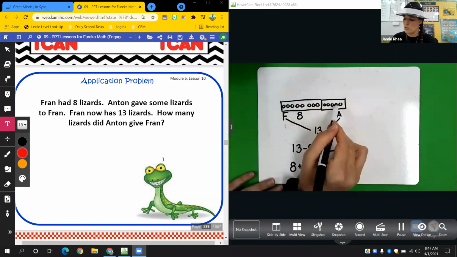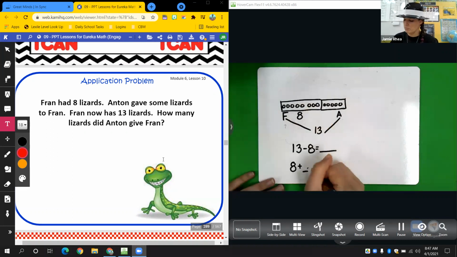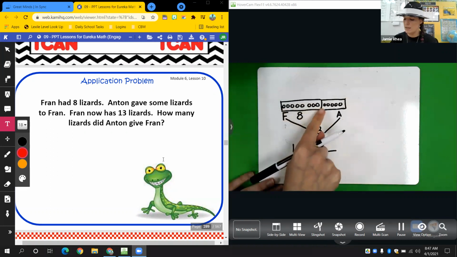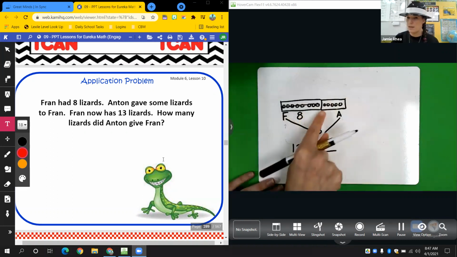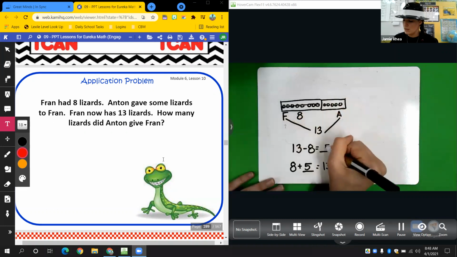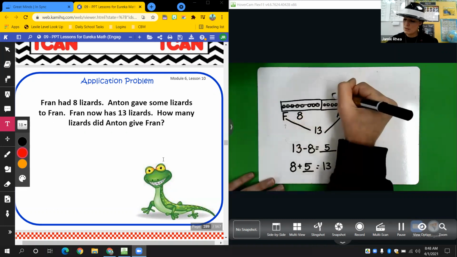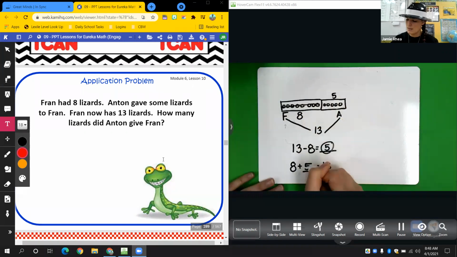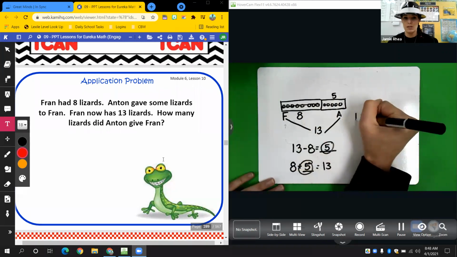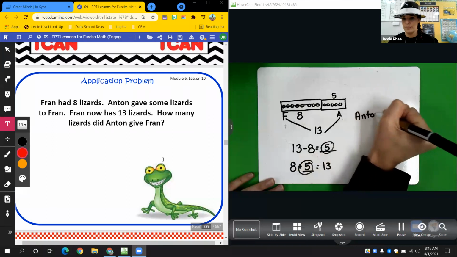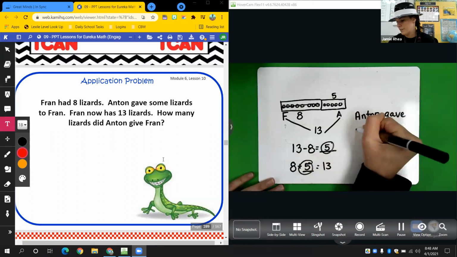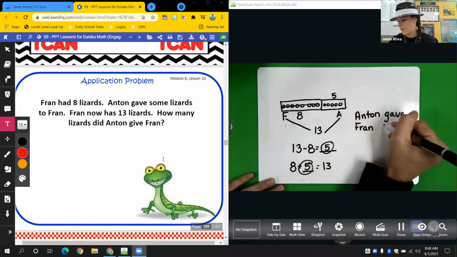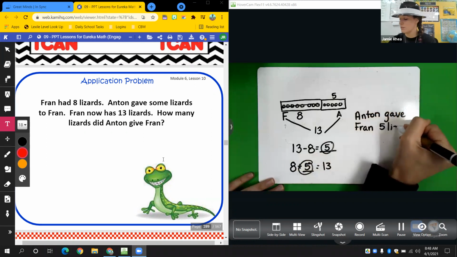Let's count them. 1, 2, 3, 4, 5. Now, let's count and see. I have 8, 9, 10, 11, 12, 13. Now, if I took these 8 away, I'm left with 5. So, my answer is Anton gave Fran 5 lizards.